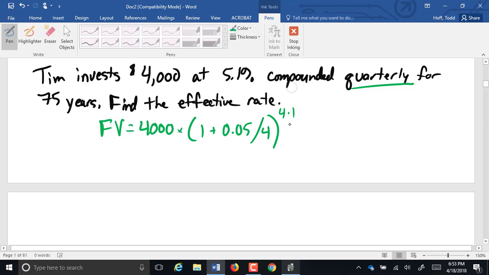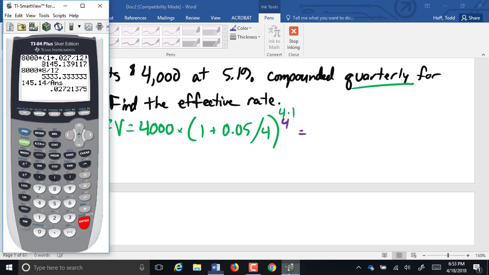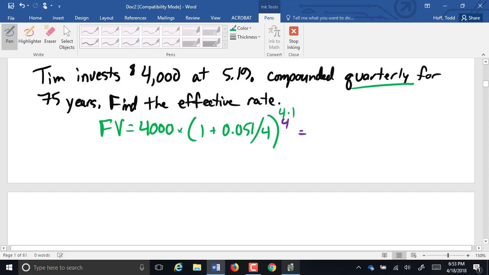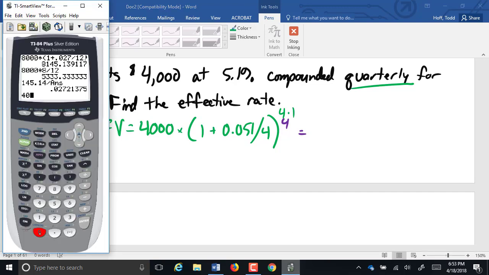So that's just going to be the power of 4 there. Oops, should be 5.1, you're right. So 0.051, thank you. So 4,000 times, parentheses 1 plus 0.051 divided by 4, close parentheses, the power of 4. 4207.93.